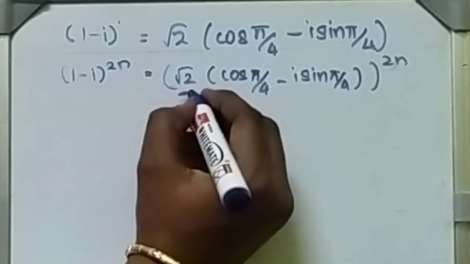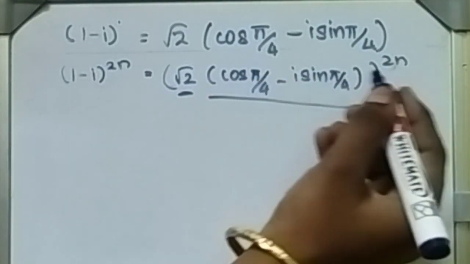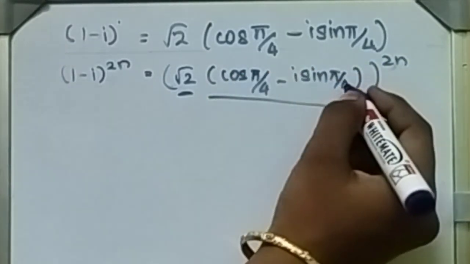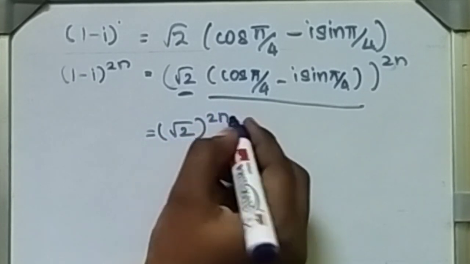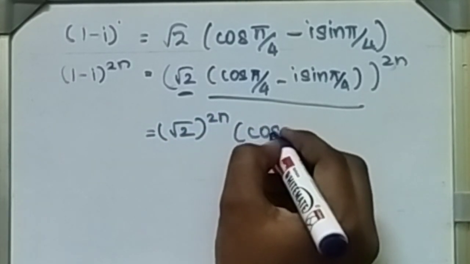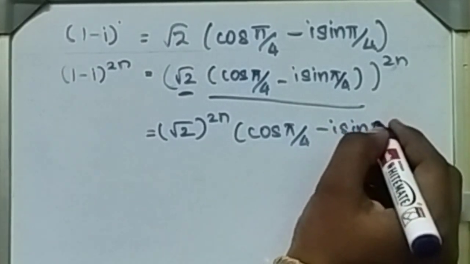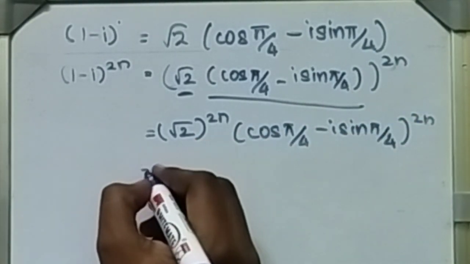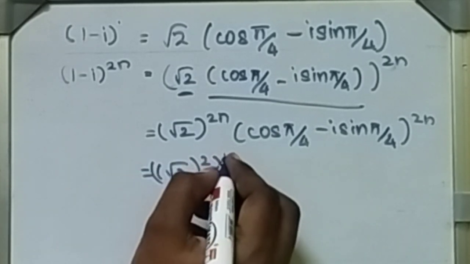So this term and this entire term are in multiplication, so I am going to apply 2n to them separately. So it becomes root 2 power 2n, and (cos pi by 4 minus i sin pi by 4) power 2n. I am rewriting this as (root 2 the whole square) power n.